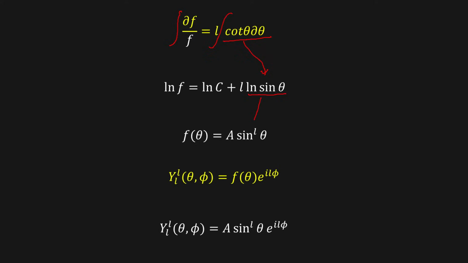This can be written as sine power L theta, and if you take exponential, this is normalization constant A. So Y L of L, which is a function of theta and pi, just now we have seen is equal to f of theta exponential I L pi.